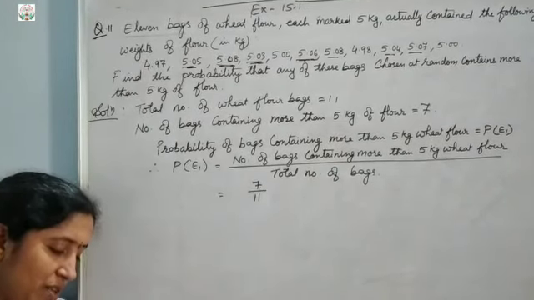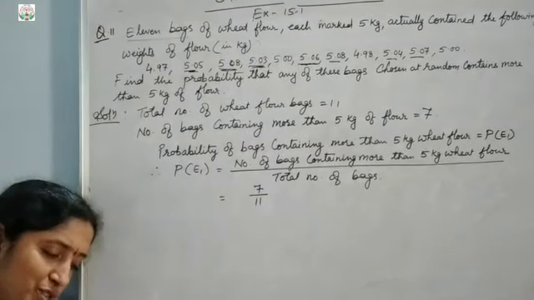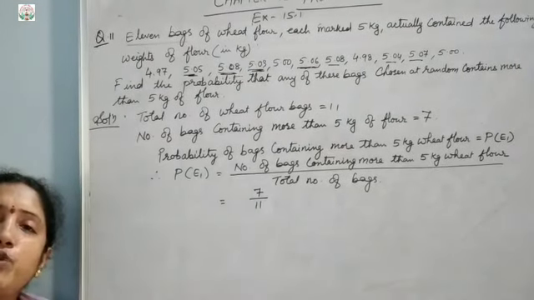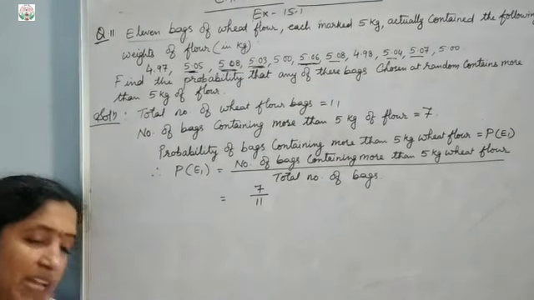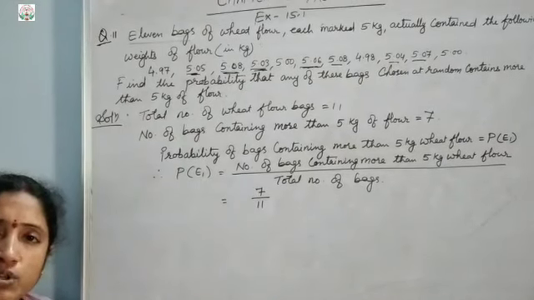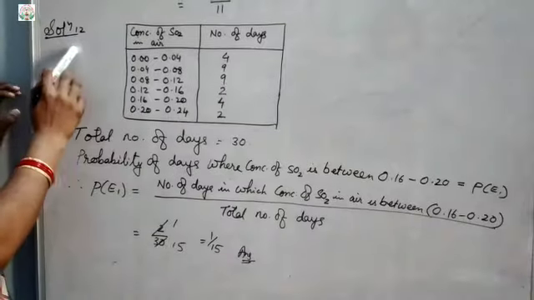Using this table, find the probability of the concentration of sulfur dioxide in the interval 0.12 to 0.16 on any of these days. Understood? The question is given. Now we will see the frequency distribution table for question number 12.